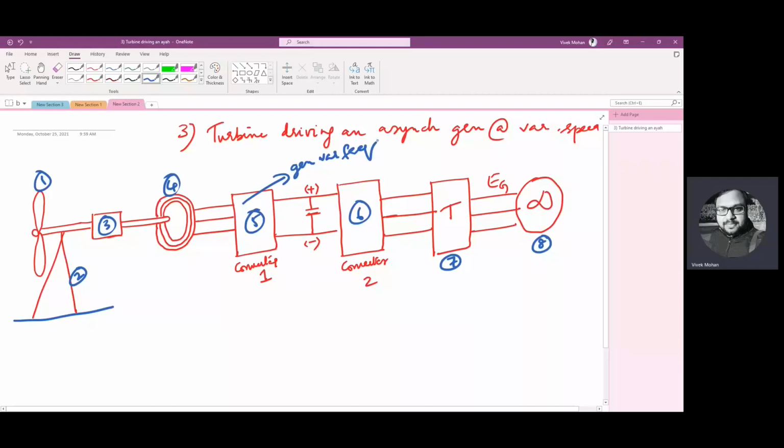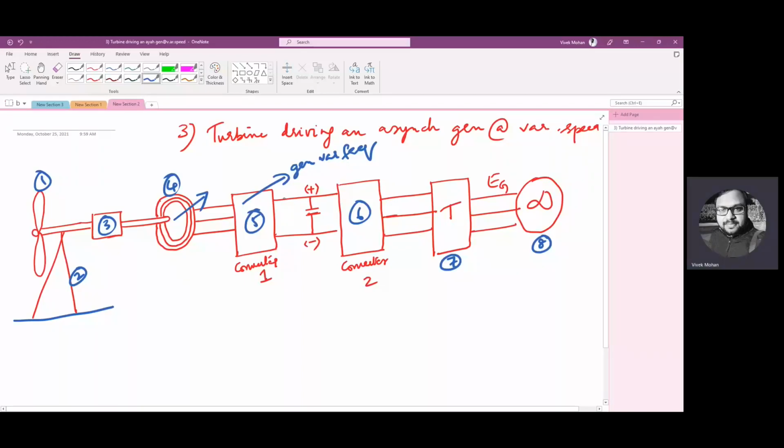As a result, the synchronous speed of the generator can be varied, because earlier the generator was directly connected to the grid. Now it is connected through a power electronic interface which can produce variable frequency.